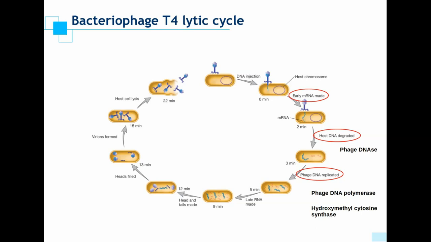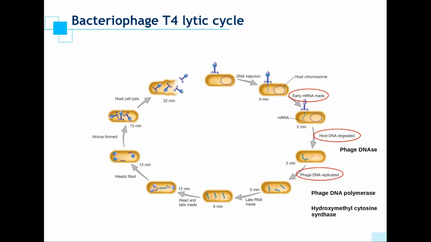But there's a way around this, and the way around it is that bacteriophage T4 doesn't use the same chemical structure of the cytosine base as normal DNA. It expresses another early enzyme, which is hydroxymethylcytosine synthase, which will modify cytosine that's released as it degrades the host DNA. And it's this modified base which is incorporated into the phage DNA. And the enzyme will only cut the host DNA.